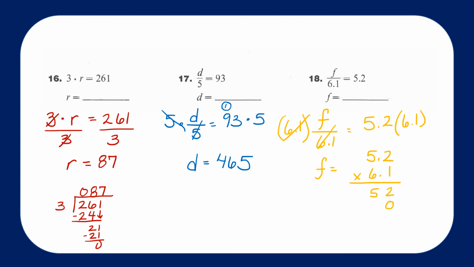Add a 0. 6 times 2 is 12. Carry the 1. 6 times 5 is 30. Plus 1 is 31. Add 2, 7, 1, 3. There's 2 decimal points in my problem. F equals 31 and 72 hundredths.